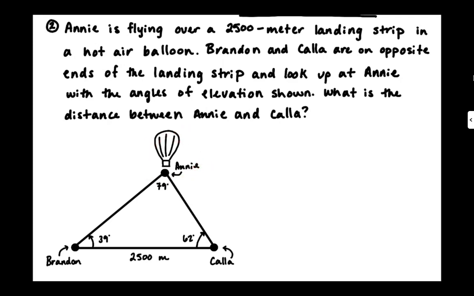Brandon and Kala are on opposite ends of the landing strip, and they're looking up at Annie with angles of elevation that are labeled on the diagram. Brandon's is 39, Kala's is 62. We want to know what is the distance between Annie and Kala. So we're looking for this side of the triangle.